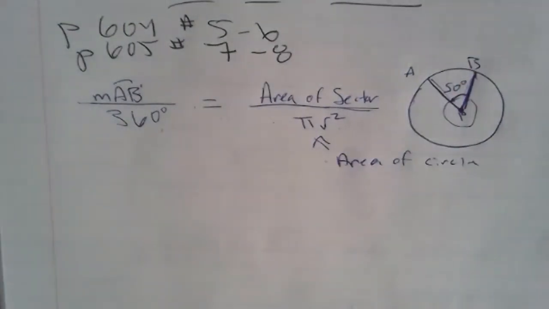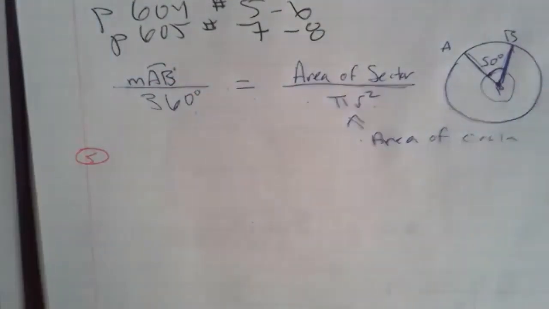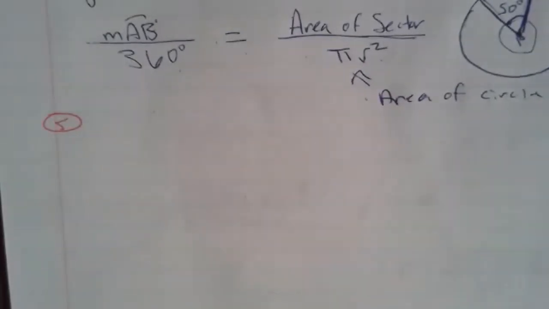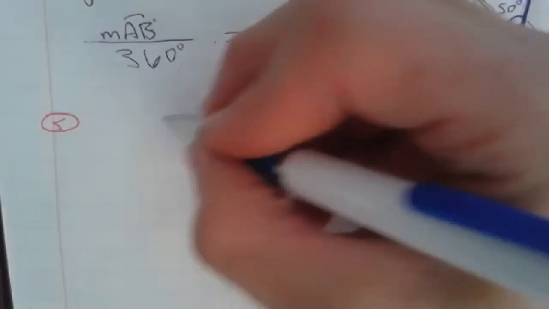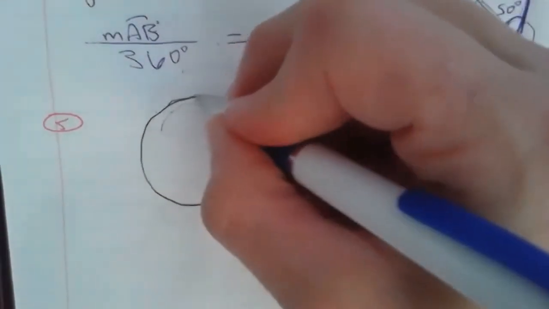So let's skip down. You have example 3 you can look at. We're going to skip down to number 5 at the bottom of the page. It looks like 5 and 6 talk about the same circle. So why don't we draw it? We have a circle. Not a very good circle this time, but that's okay.